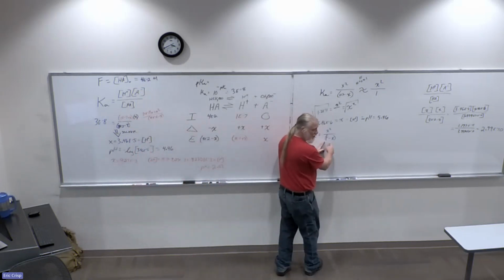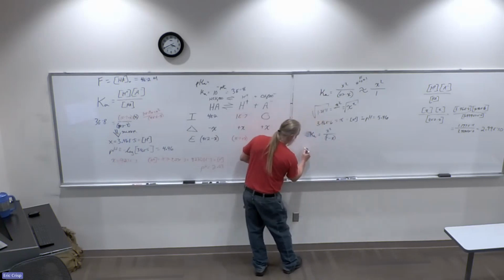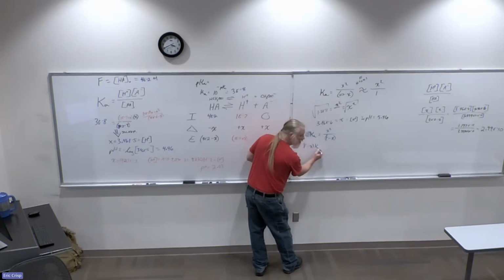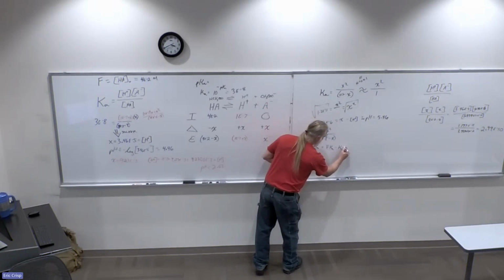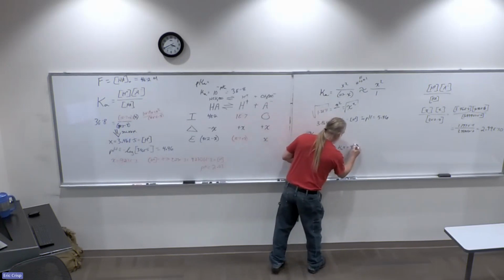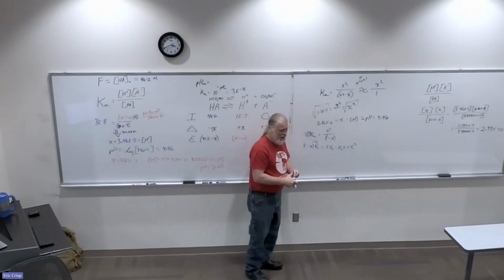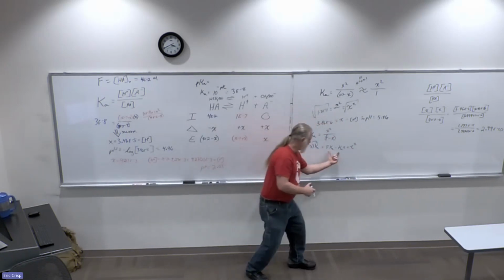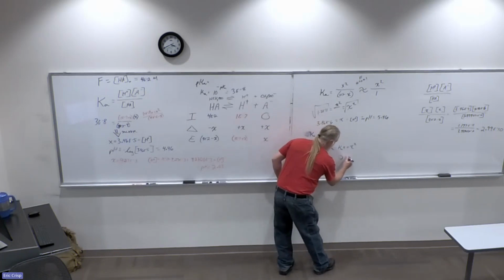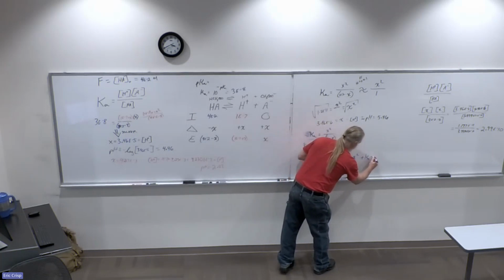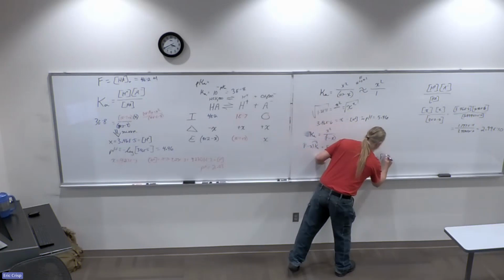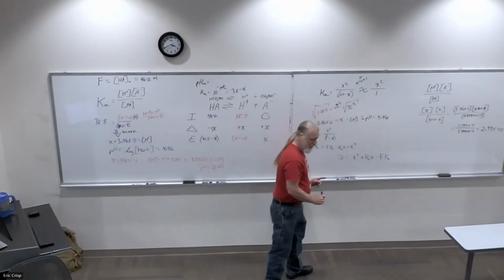I multiply both sides by the denominator. Then I have f minus x times Ka. Distribute that through. That means f times Ka minus Ka times x equals, still got my x squared over there, right? But your quadratic wants it all to be equal to 0. So I'm going to move these to this side over here, and I'm going to get 0 equals x squared plus Ka x minus f Ka. Does that make any sense so far?